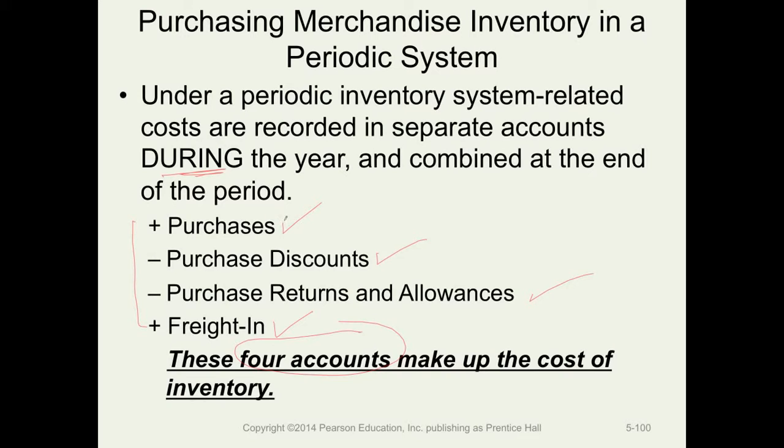So in other words, if we took purchases, purchase returns and allowances, and purchase discounts, we then add freight to get what we would call the net cost of inventory purchased.